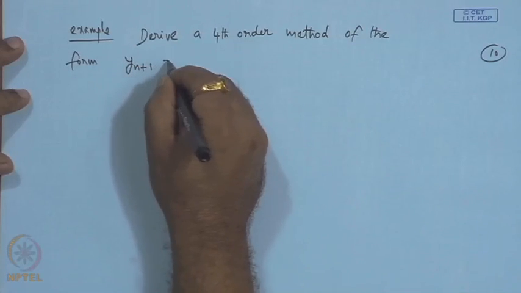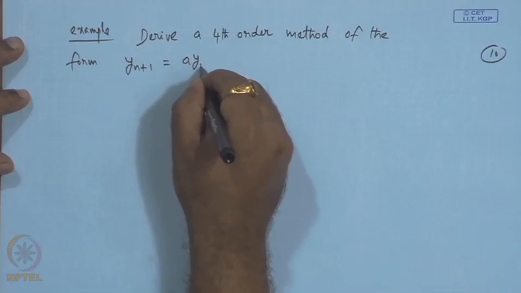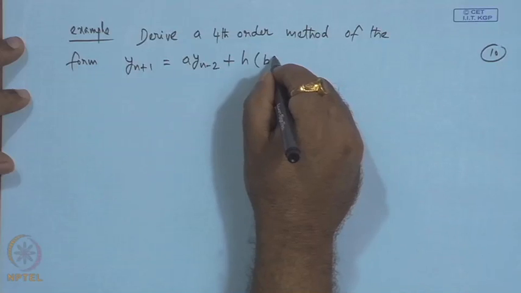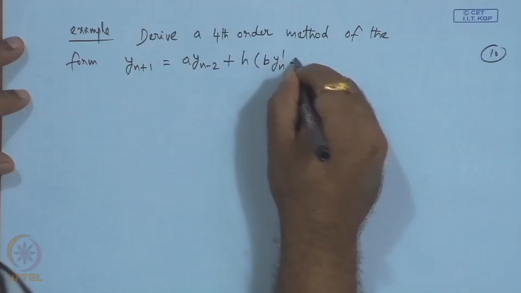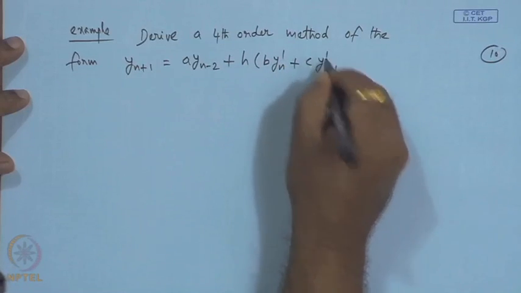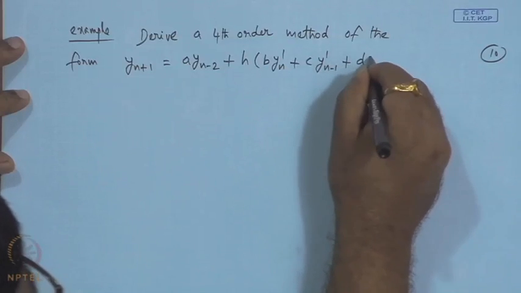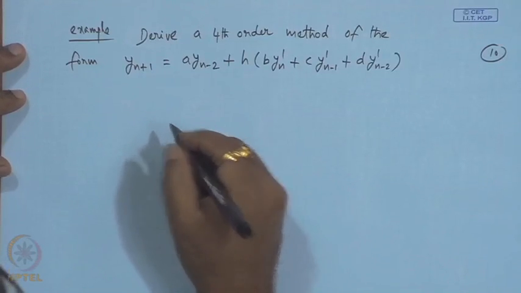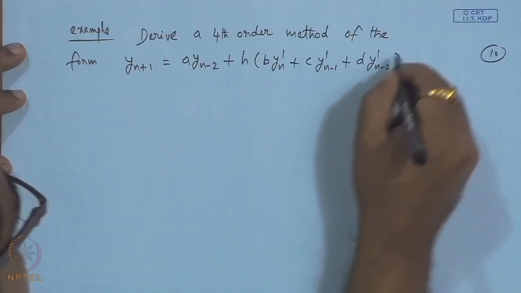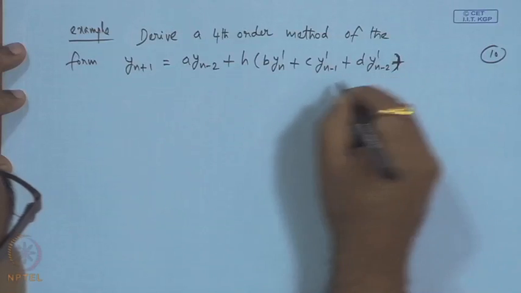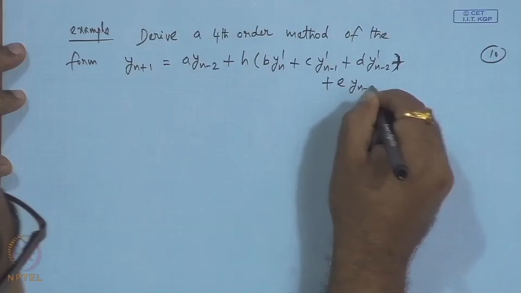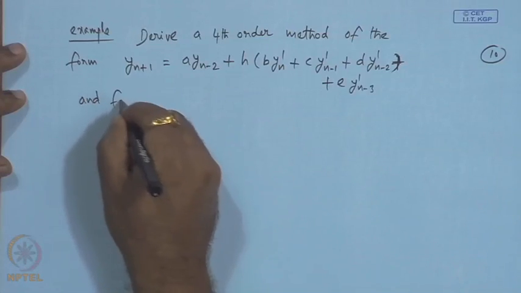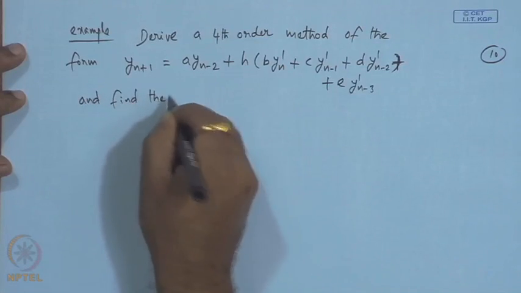y n plus 1 equals a y n minus 2 plus h b y n prime plus c y n minus 1 prime plus d y n minus 2 prime plus e y n minus 3 prime, and find the coefficients.